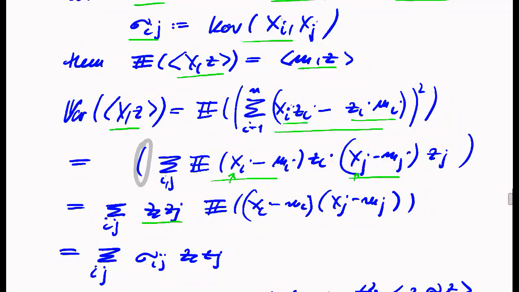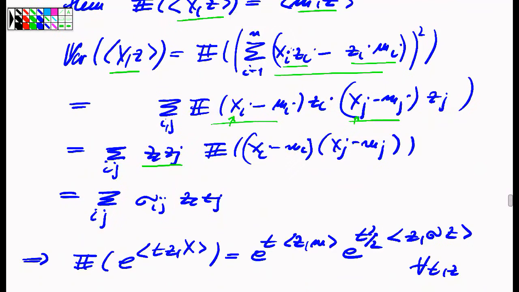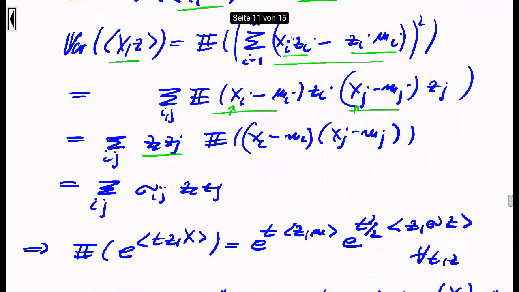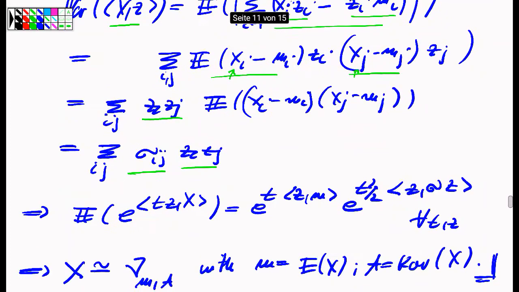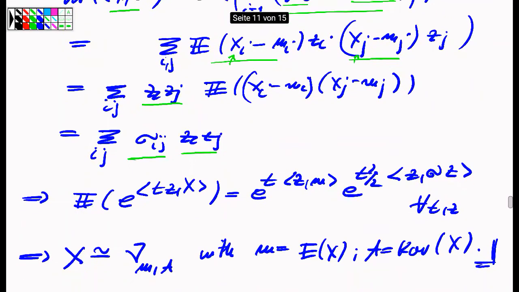Here I can factor out the zi zj, and I obtain inside the expected value the product of xi minus mi and xj minus mj. But this is then by definition sigma ij zi zj. So it's the quadratic form induced by sigma evaluated on z.